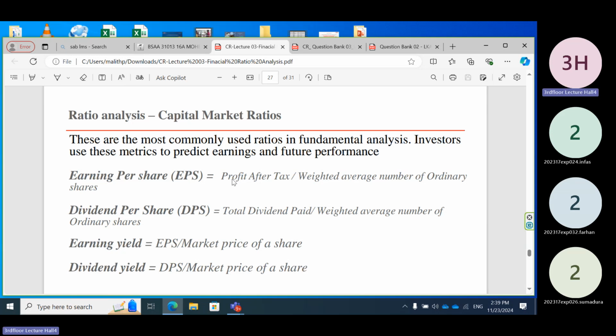Investors who are investing in shares in a company look at their financials, not only for 1 year. That's why we give a 10-year summary of financials in an annual report. It's a compulsory disclosure.